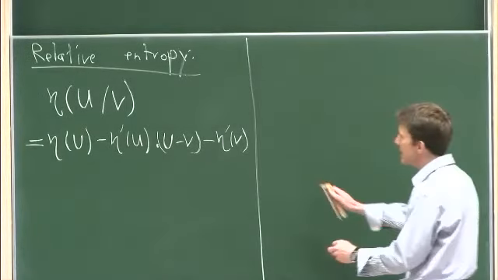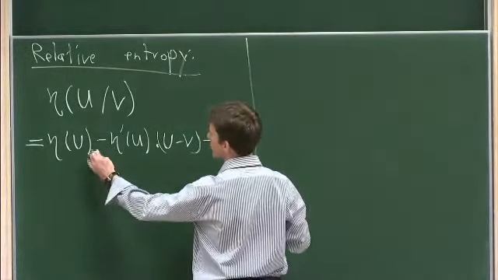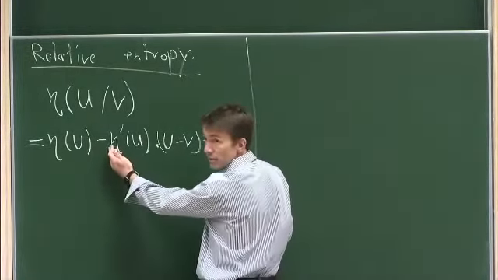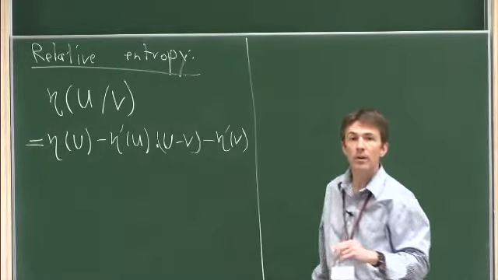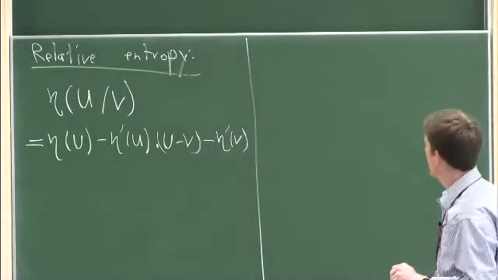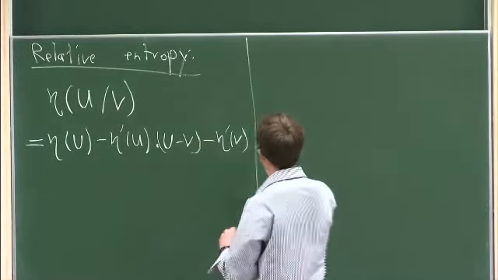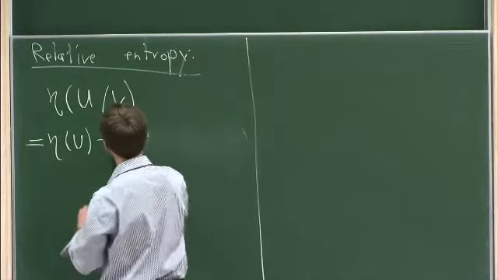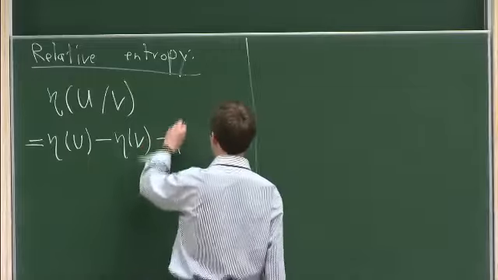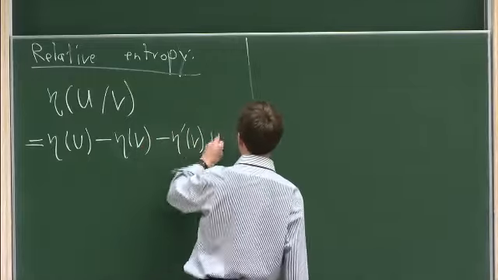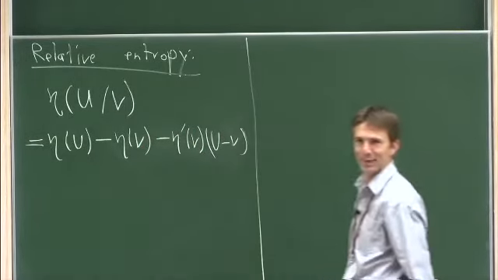So this means this is eta of u, and you take out the linear part, the linearized part at v.